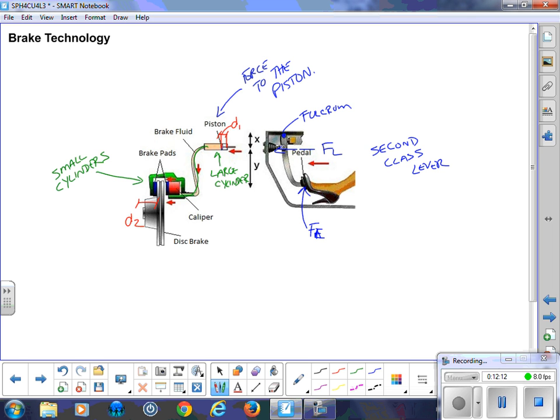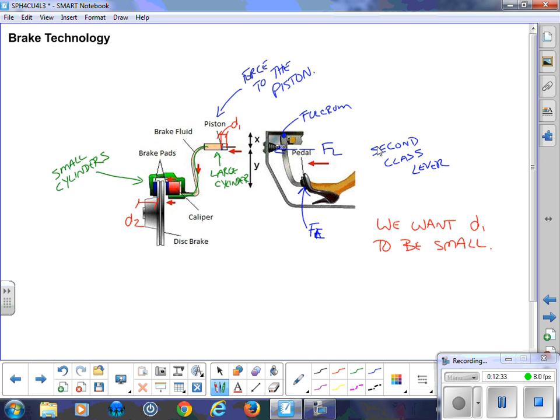What we want to do on the brake pedal is have as little stroke as possible. So we want D1 to be small. Why is that? Well, if you think about yourself in the car when you're driving, you don't want to have to move your leg this distance here.